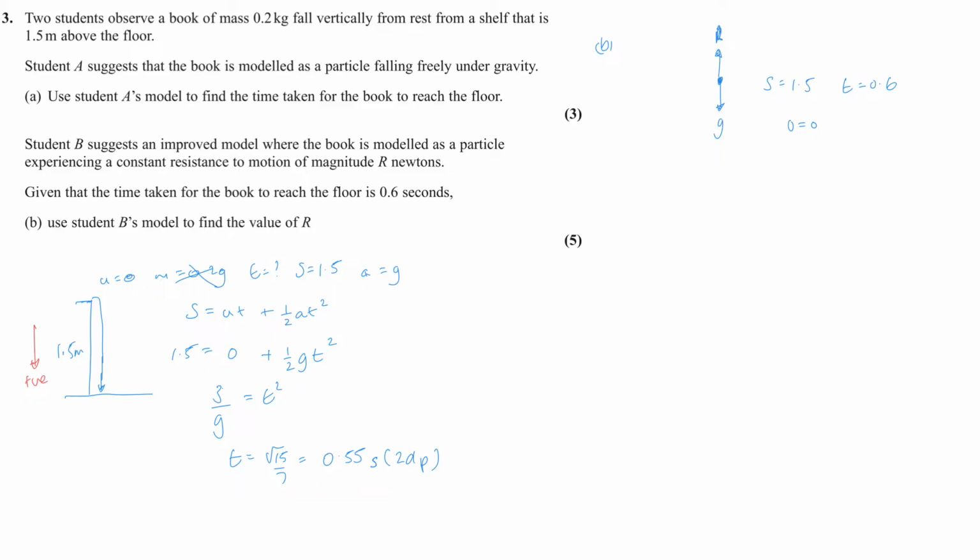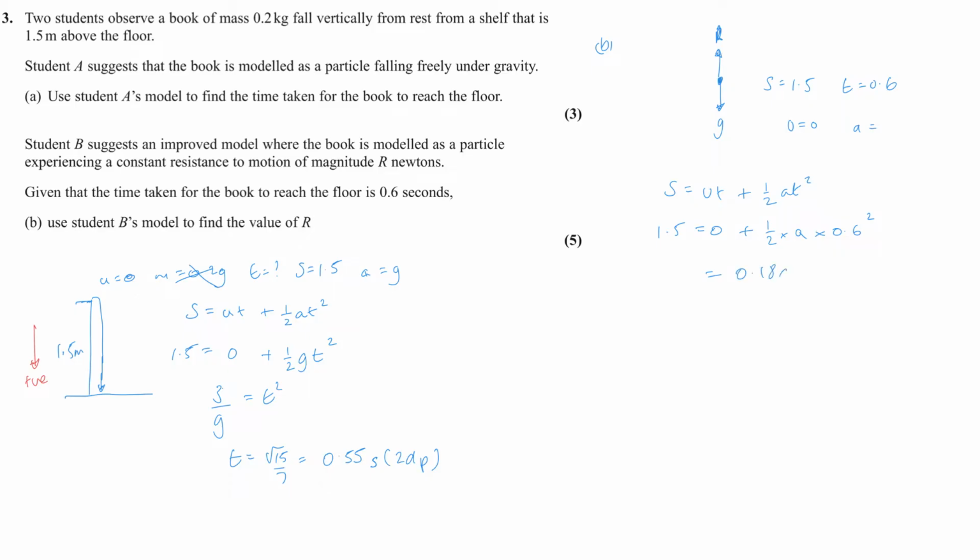So this time we first find out what a is. So s equals ut plus half at squared. 1.5 equals 0 plus a half times a times 0.6 squared.